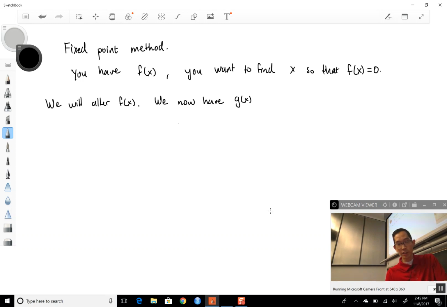Okay? G of x is not necessarily this, okay? But g of x, we'll say, could be f of x plus x, okay? So one situation, it could be that g of x is equal to f of x plus x, and we will use fixed point iterations, okay?